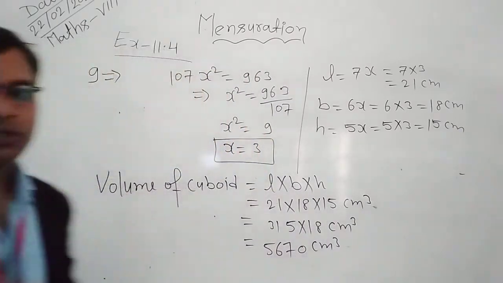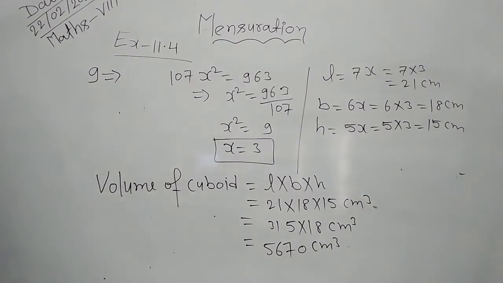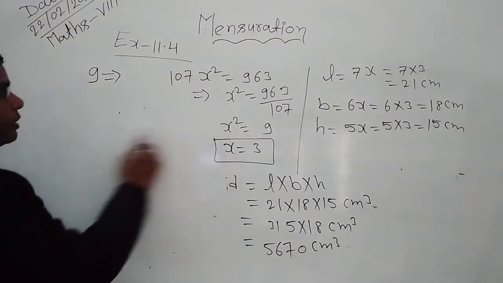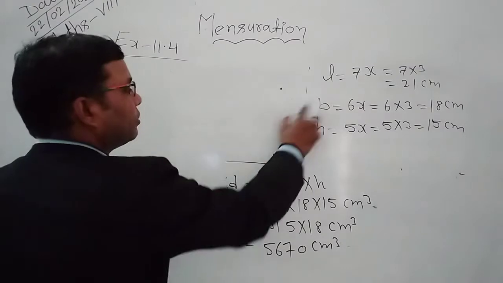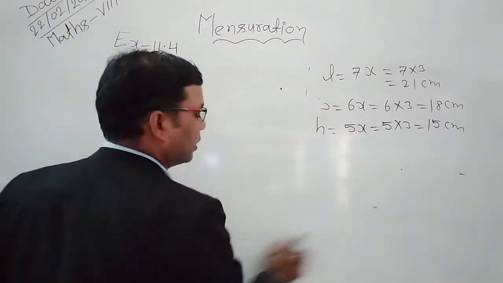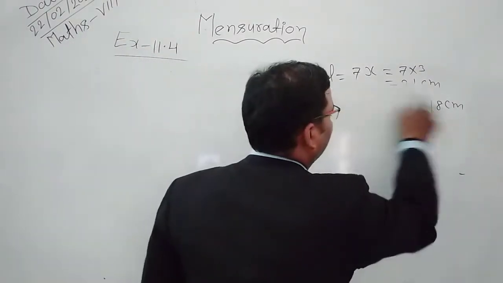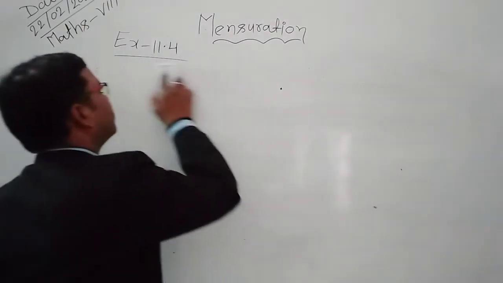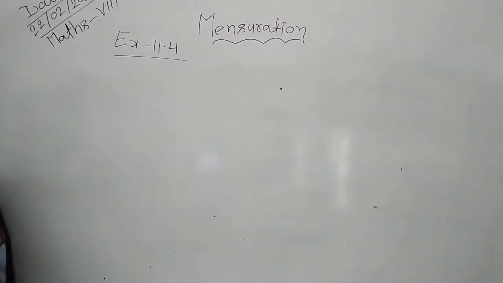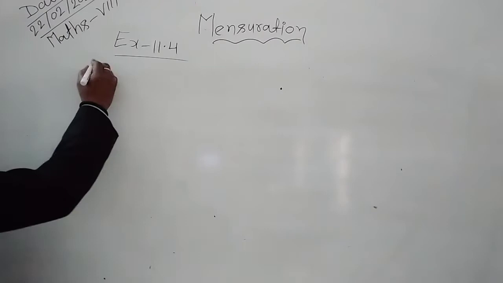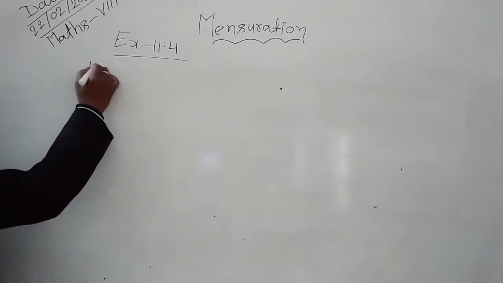Okay, in this question first we find the area of four walls. Because in a room you can see we have four walls. This is question number 10.